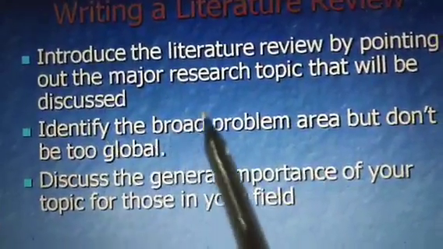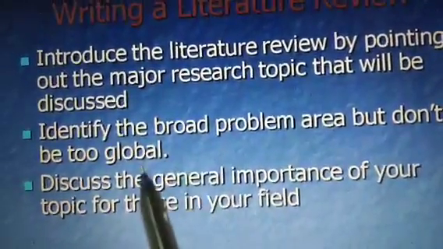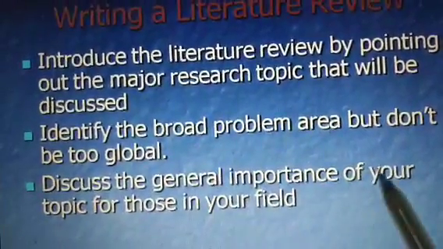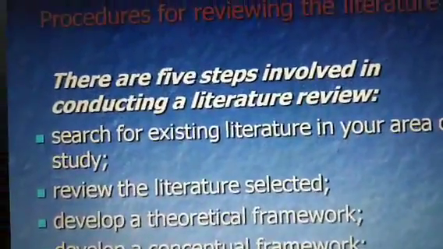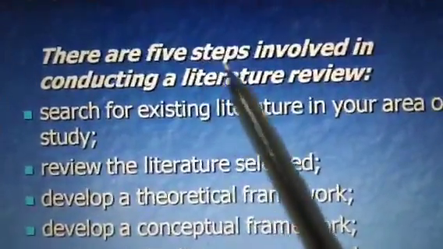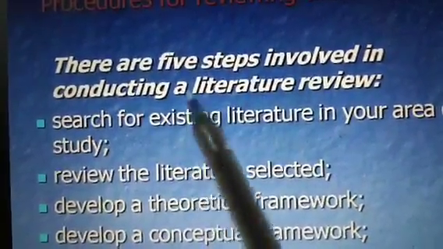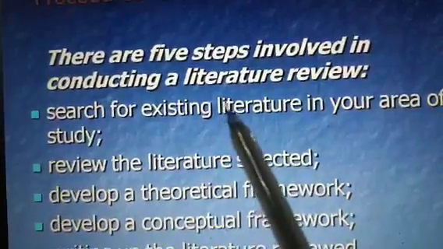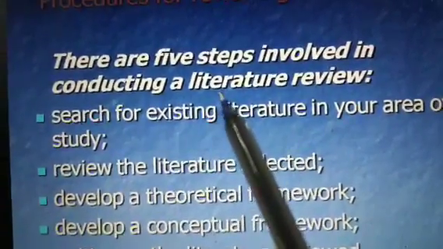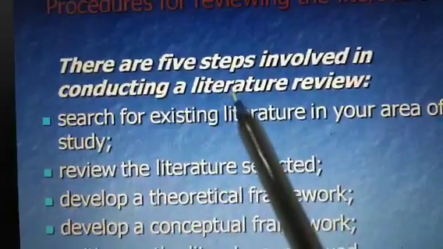This identifies the broad problem area, but don't be too global, and discuss the general importance of your topic for those in your field. And there are 5 steps involved in conducting a literature review, and you have to remember these steps, and you have to write them in the examination when there will be questions regarding the review of literature and the various steps involved in conducting a literature review.